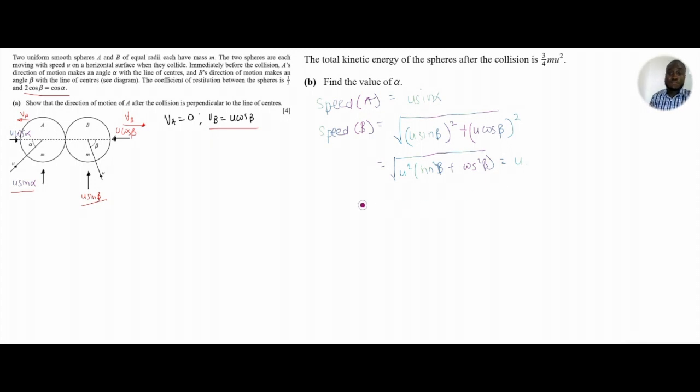If that is the case, the total kinetic energy will be the kinetic energy of A plus that of B. That should be equal to, now there's U squared running through, there is M running through, and we can even multiply 2 by 4 to clear all fractions and have a simpler equation that looks like this.